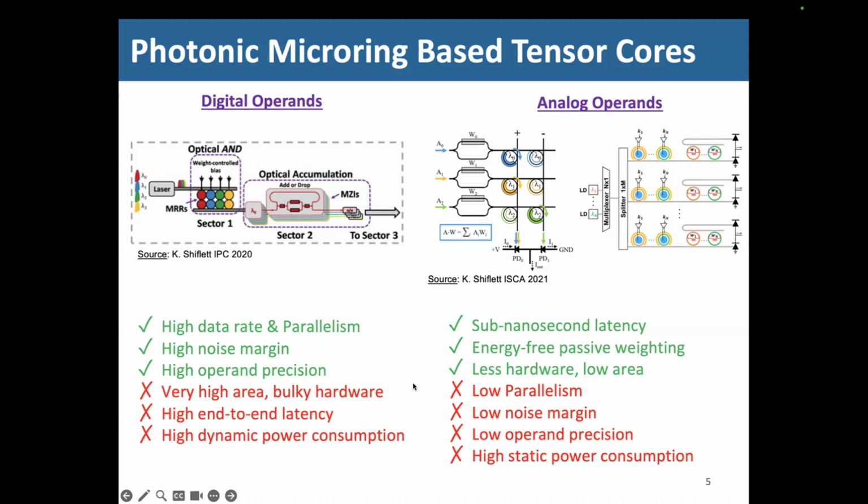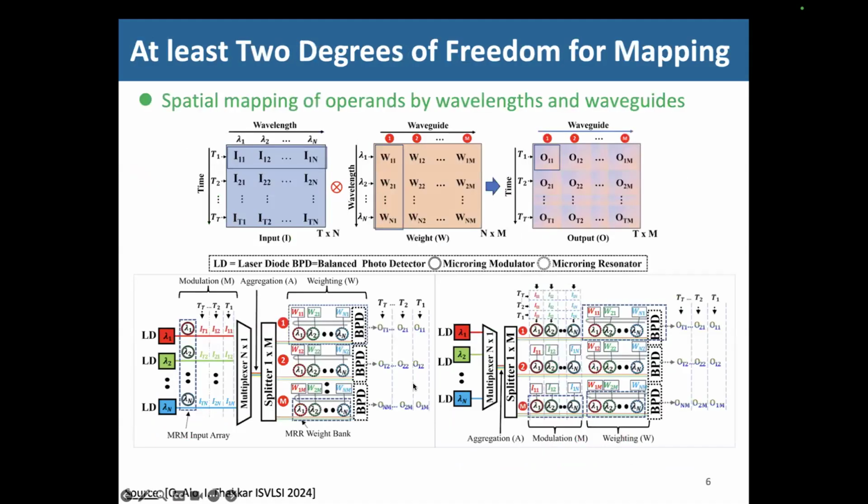So with this broad classification of the architectures, the main advantage I would like to say about analog photonic architectures is these 2 degrees of freedom for mapping. Let's say in this example, I'm showing a matrix multiplication kernel, and we can map the inputs and outputs from the input and output matrices using wavelengths as well as waveguides, right?